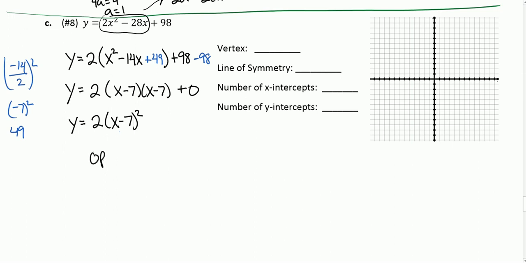This is going to open up in the positive y direction because it's a y equals parabola and the 2 is positive. The vertex is going to be (7, 0). The 7 is with the x, so it contributes to the x value of the vertex. And there's a plus 0 at the end, which we don't see, and that's our y value.